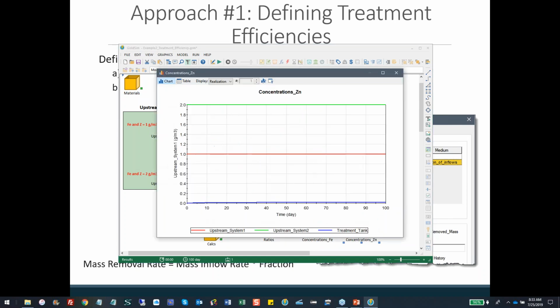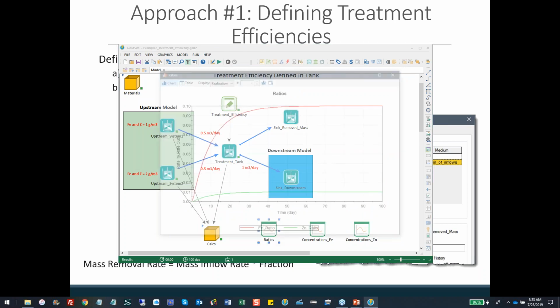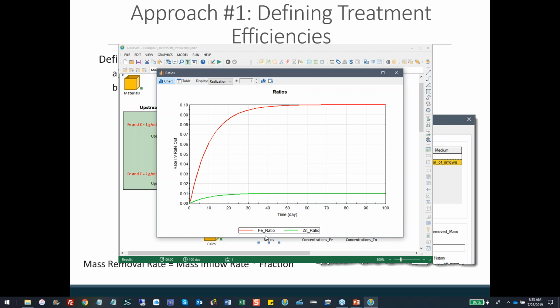If I look at zinc, 1% of it is able to leave, and 99% of it was removed and dumped into this guy right here. So that's what's happening here. You can see that here.